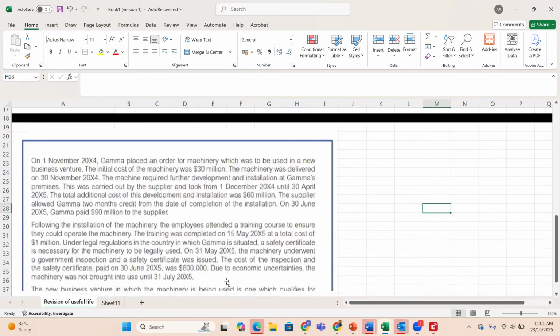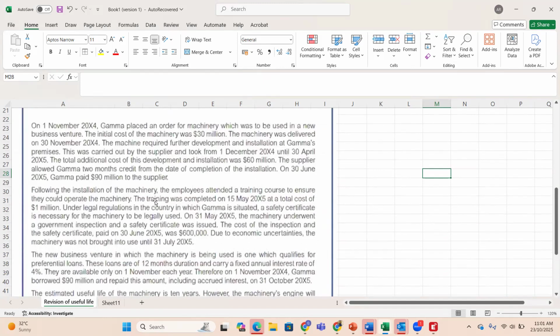Now you read the first one. What does it say? On 1st November. So is it within my financial period, 30th September 20X5? Yes. I placed an order for machinery.